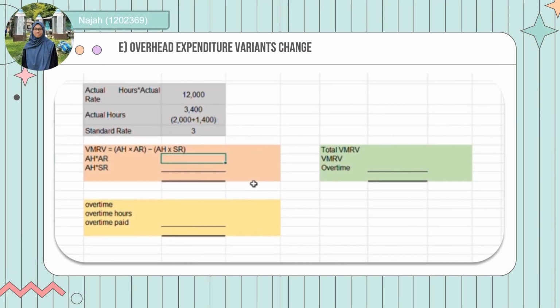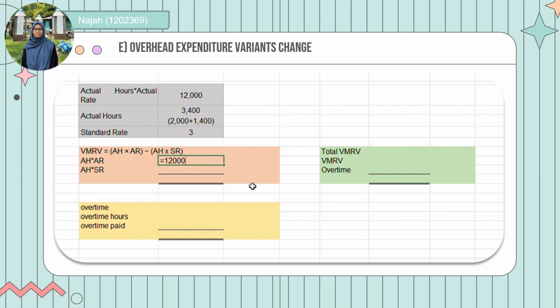Okay, next, overhead expenditure variance change. The formula we use is actual hours multiplied by actual rate minus actual hours multiplied by standard rate. So the actual hours multiplied by actual rate is 12,000 minus actual hours, which is 3,400.